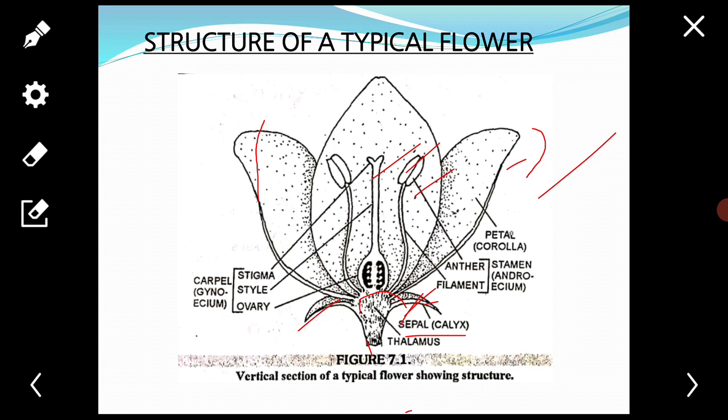The third whorl, that is the androecium. The androecium is the third whorl of floral appendages that is present inner to the corolla. The individual appendage is the stamen, representing the male reproductive organ. Each stamen consists of anther and filament.